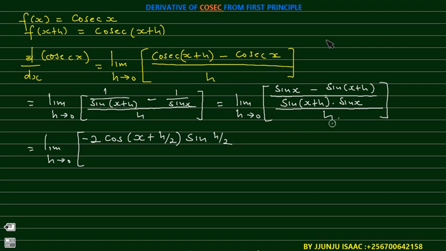So I'm going to write it at once. This is divided by sine x plus h, that's sine x, again divided by h.